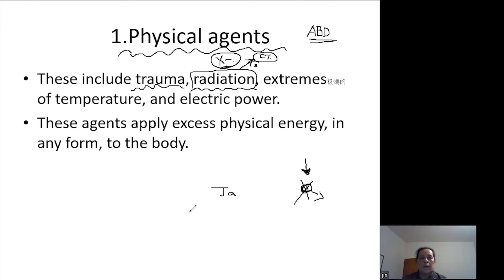And also we're talking about some other physical reasons. So temperature, extreme changes. We say our body temperature is normally around 37 degrees, which is suitable for us to live.